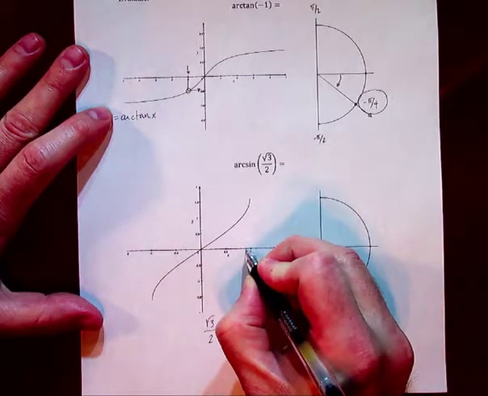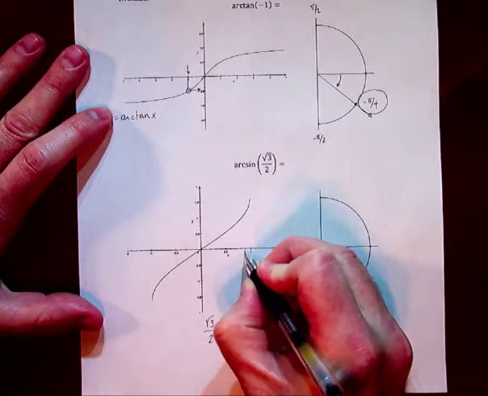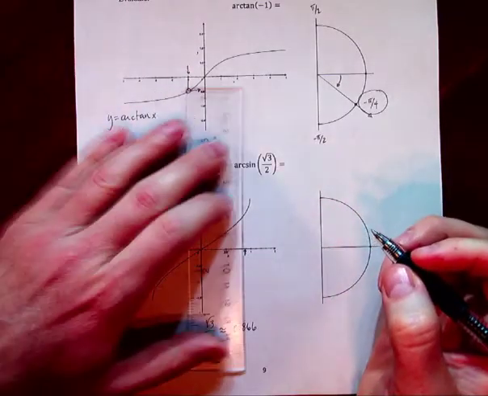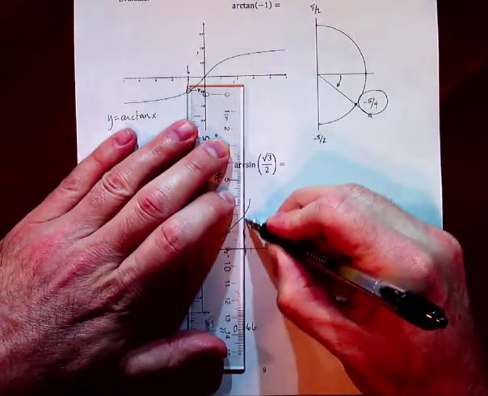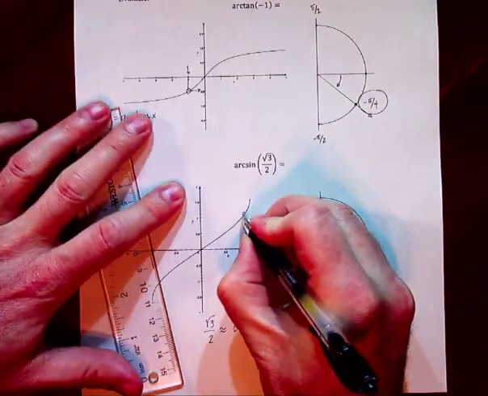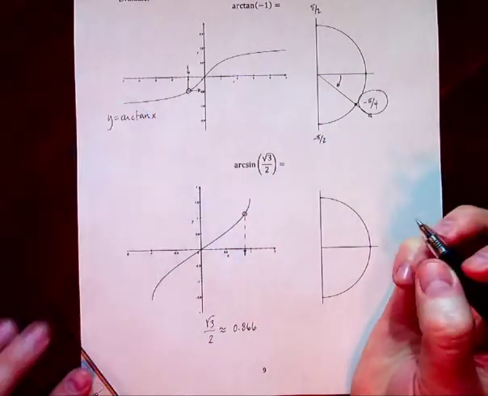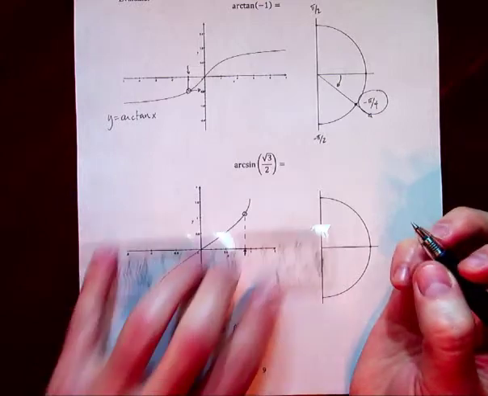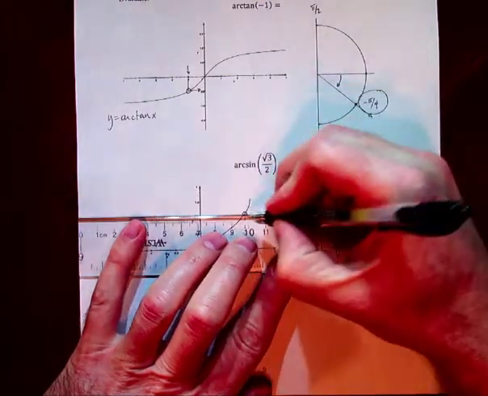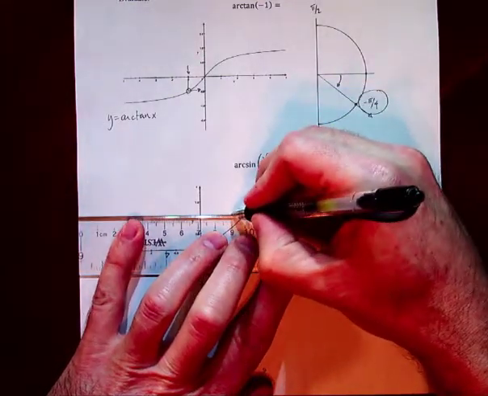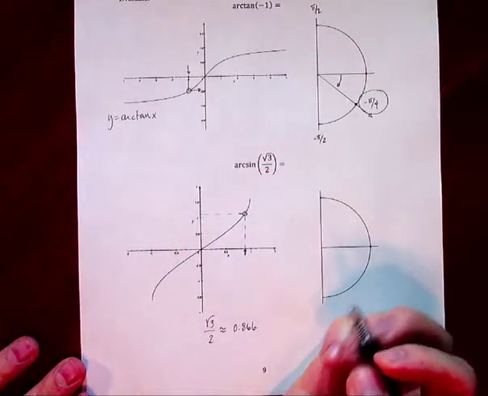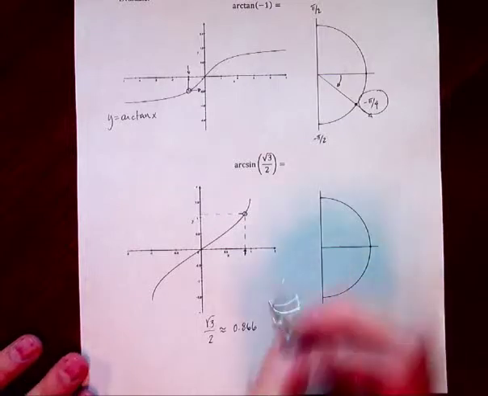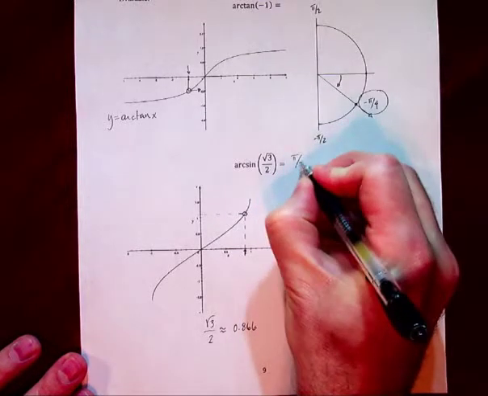This is 0.9, so it's just before 0.9, right about here. And basically what we're doing is we're asking what the output is when the input is just a little bit less than 0.9. And it's that point right there. Okay. Now, we go over here, and it's going to be a little bit more than 1.